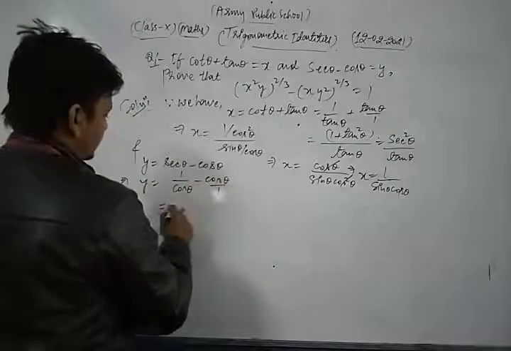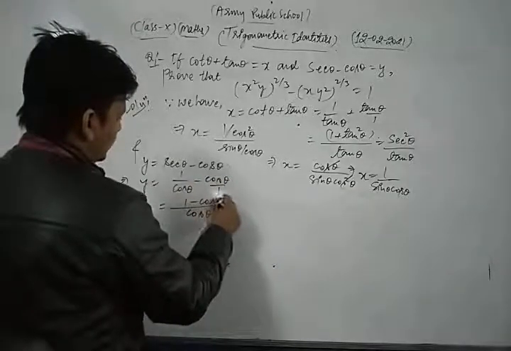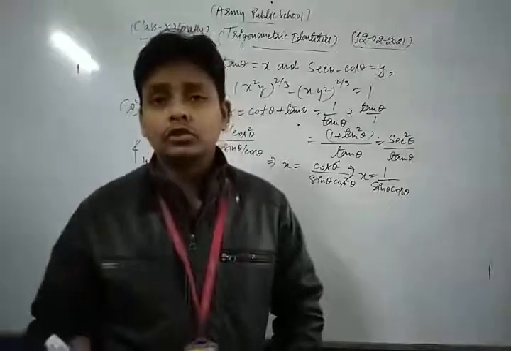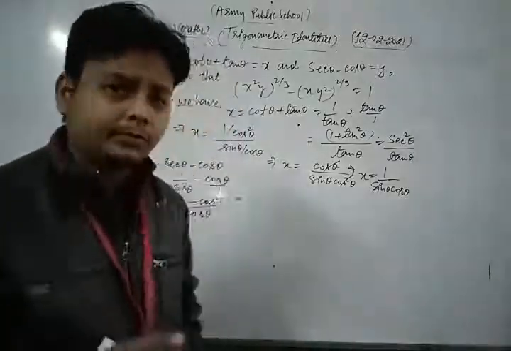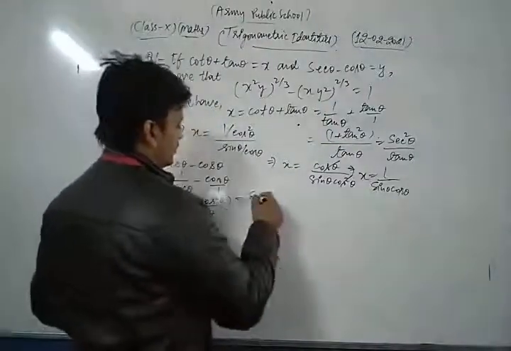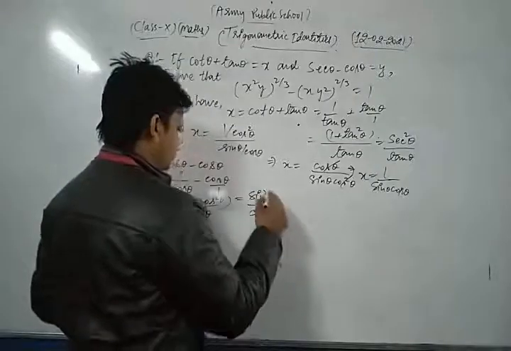Now we take the LCM. So we take LCM cos theta: 1 minus cos square theta. And yes, you know that 1 minus cos square theta is what? Sin square theta. So here we put that value: sin square theta upon cos theta.